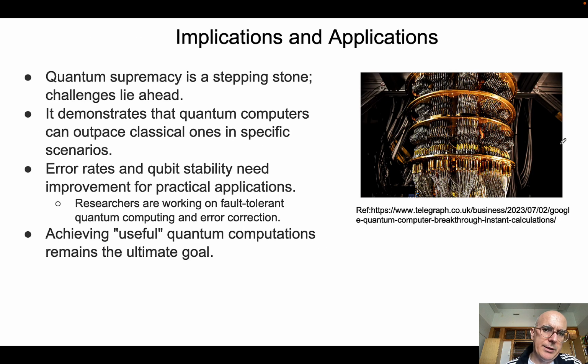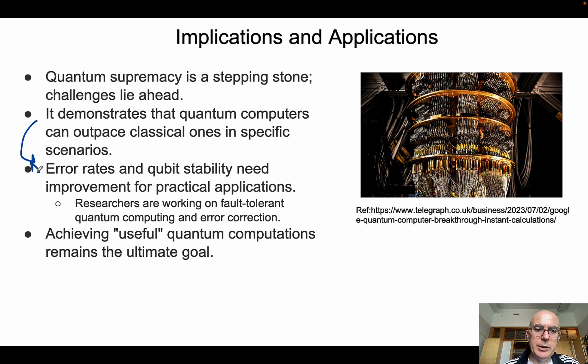This is the last slide of my lecture. I just want to summarize a few things. Quantum supremacy is a stepping stone for quantum computing that tells us where we are in terms of capabilities, especially compared to classical computing. A number of different challenges lie ahead of us. For instance, we need to address the problem of error rates and qubit stability.